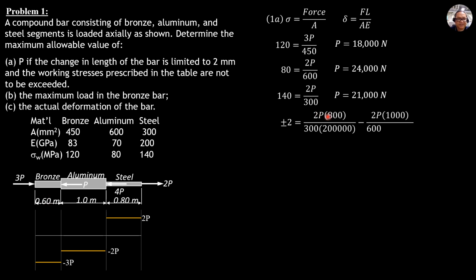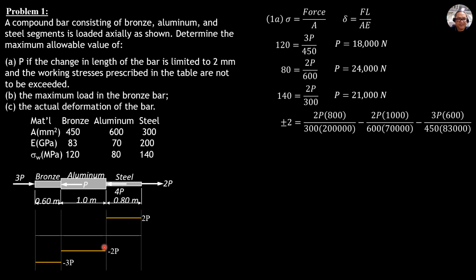Let's consider the positive deformation first. 2P, and the length of steel is 800 mm, divided by the area of steel, 300, and modulus of elasticity 200,000. The unit here, if P is in newtons, is newton mm divided by area times E, so newtons cancel. P is in newtons and this is consistent with the result being in mm.